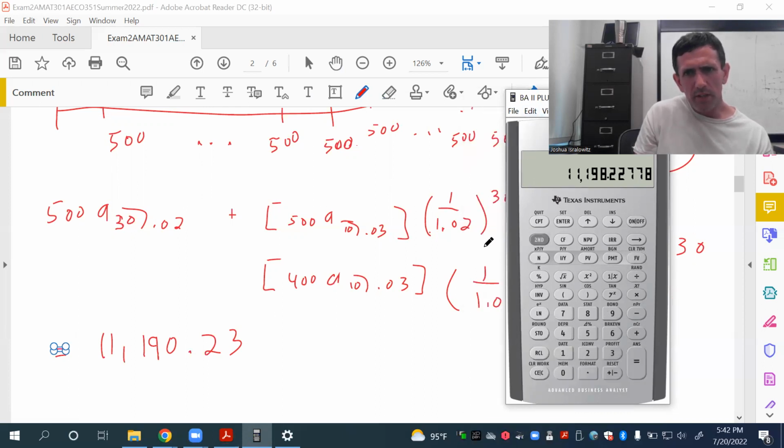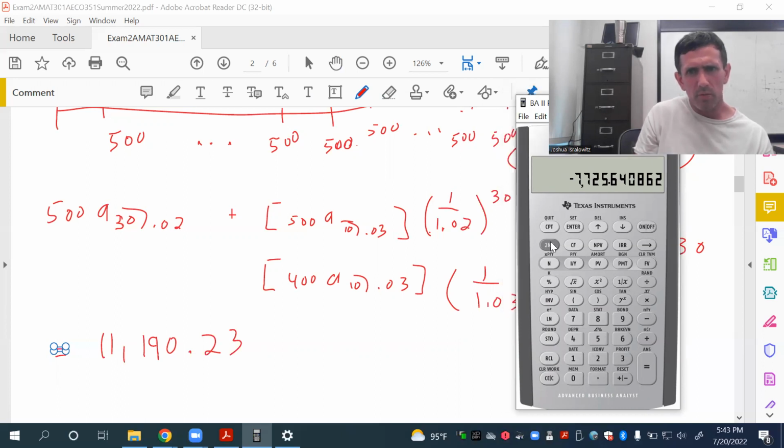All right, so let's get the second one here. So 500 payment, 10N, 3% interest, compute present value, times 1.02 to the minus 30. Just try that one more time.